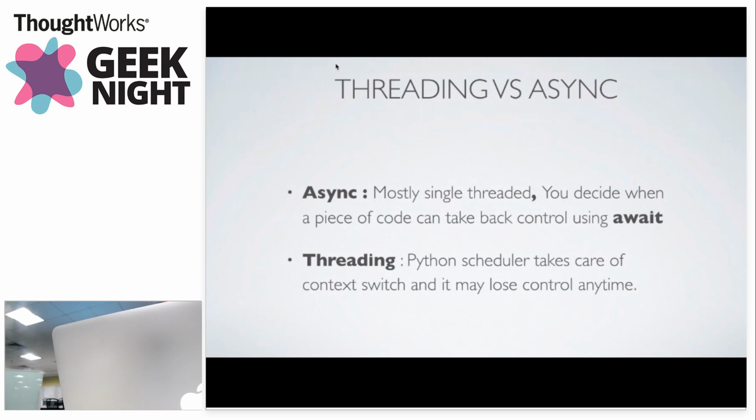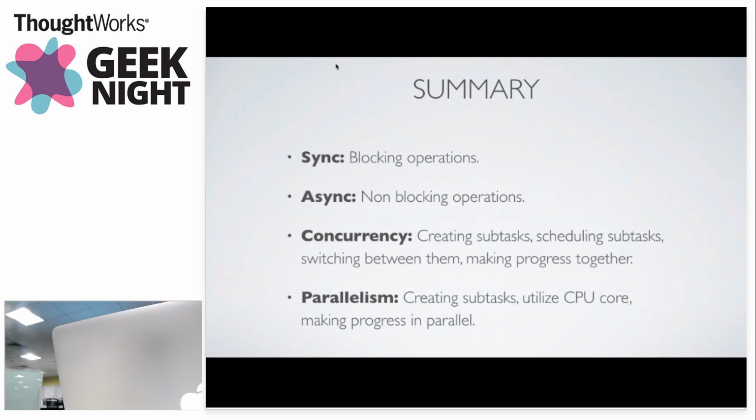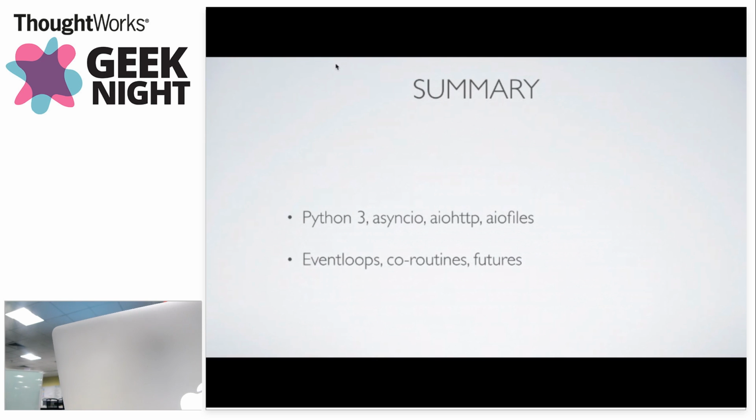In threading, your OS will try to handle the context switch, and it may not be right all the time. In async, you have pretty good control of the context switch. Summary: sync, async, concurrency, parallelism, and use Python 3 asyncio, aiohttp for HTTP calls, and aiofiles.